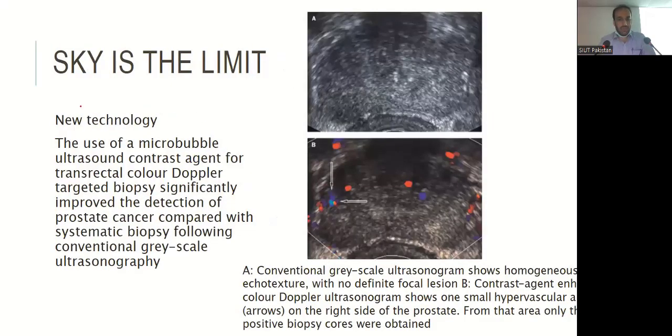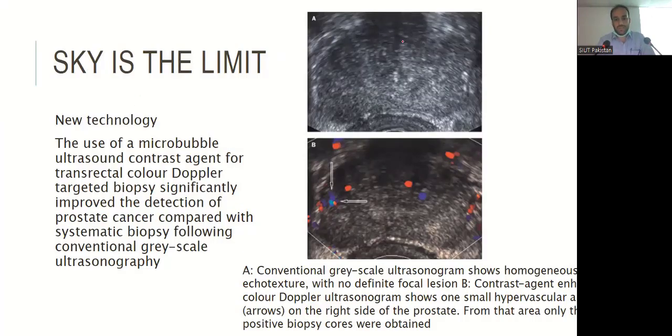So I already talked about this. The newer technology, the use of a microbubble ultrasound contrast agent for transrectal color Doppler targeted biopsy, significantly improves the detection of prostate cancer compared with systematic biopsy following conventional grayscale ultrasonography.